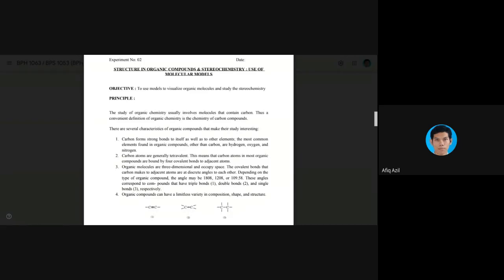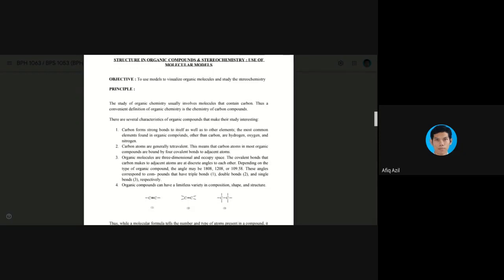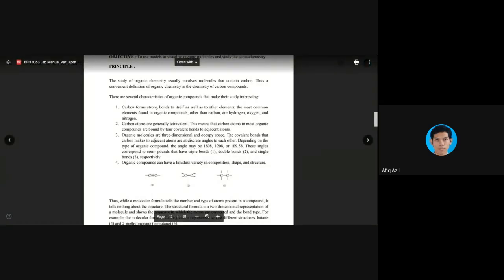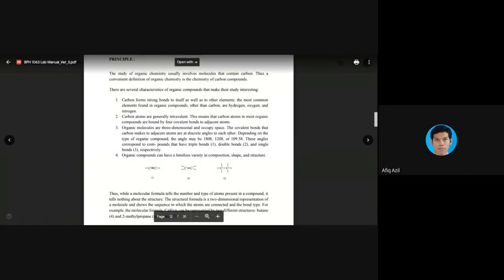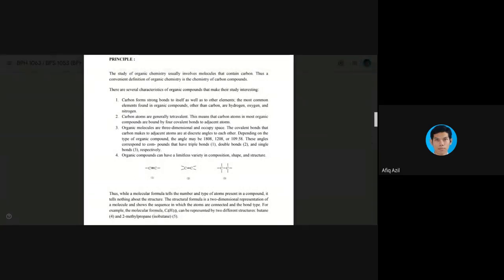So basically, what you need to do in this second experiment is to use those software, whichever one you prefer, to try to draw some of the molecules that have been put in the manual. So basically the principle is as what we have learned in the stereochemistry unit.